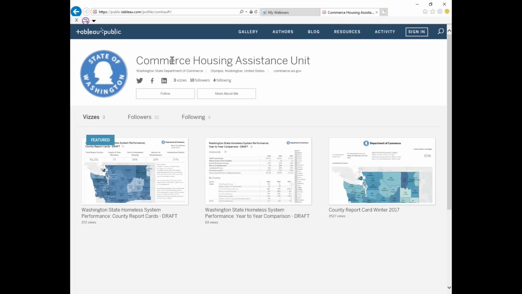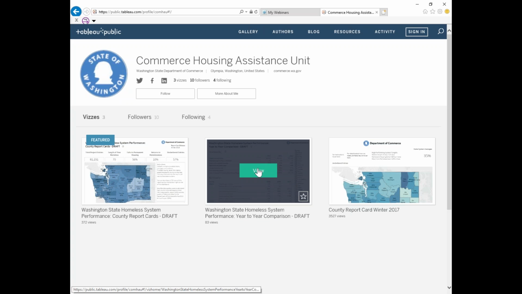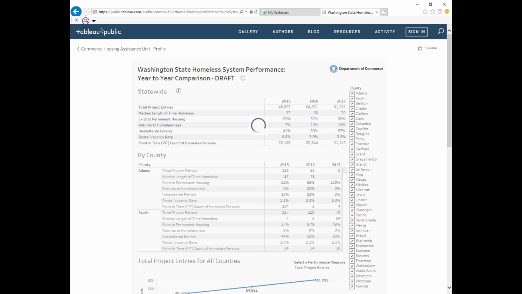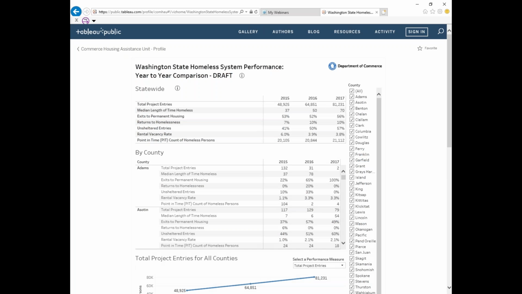So if you go back to the Commerce Housing Assistance Unit landing page, you would select this report, year-to-year comparison, click View, and this is where you can find the information over time.